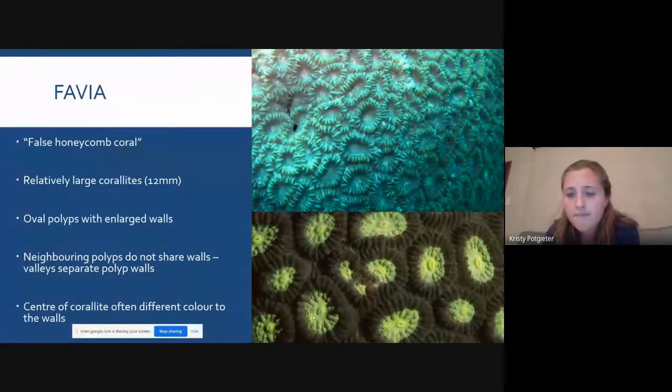It's more loose and oval-shaped, okay? And the important one here is that they do not share the walls, okay? You can see that those polyps have a little valley in between each neighbor, okay? So they do not share the walls.